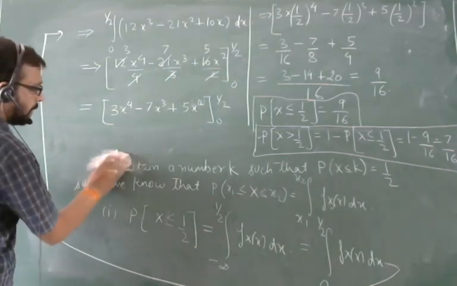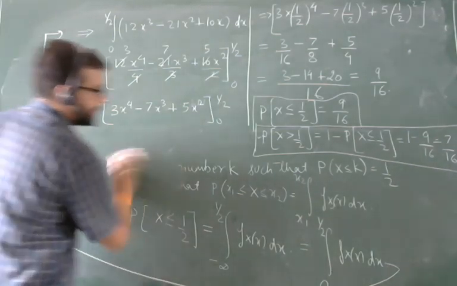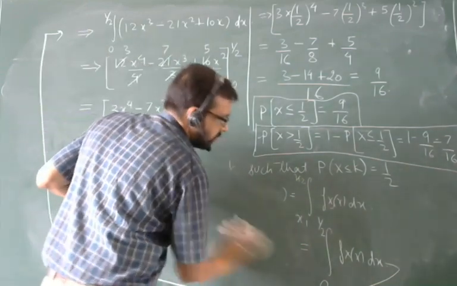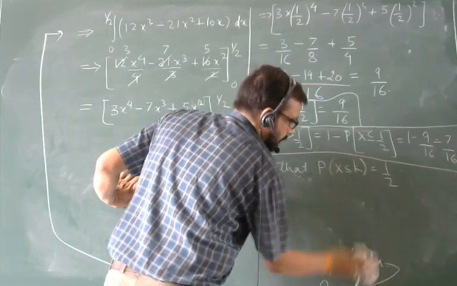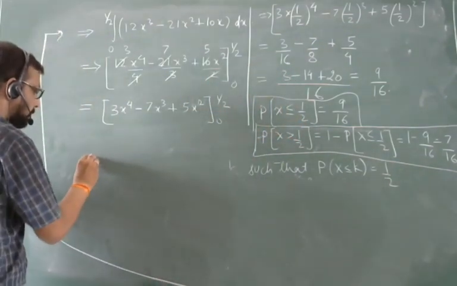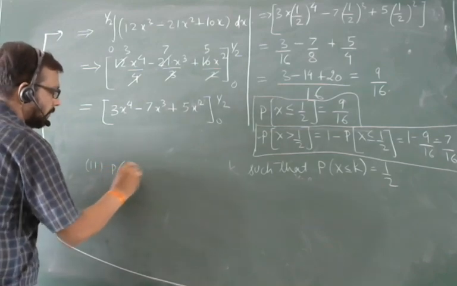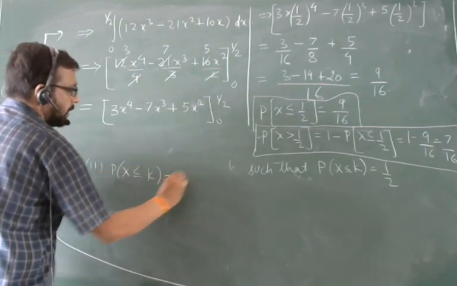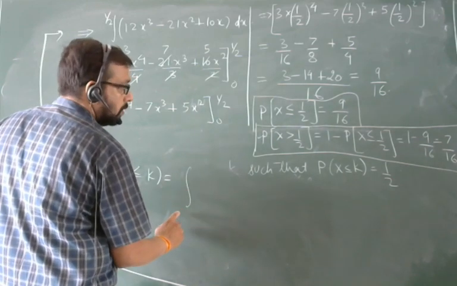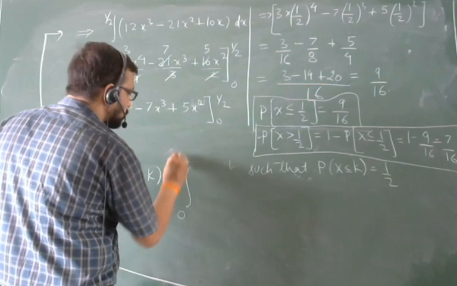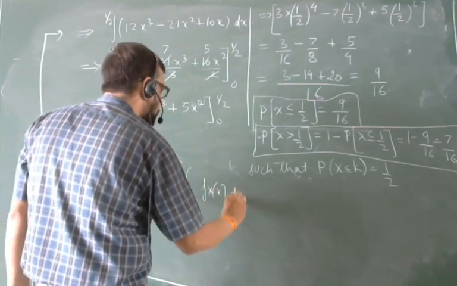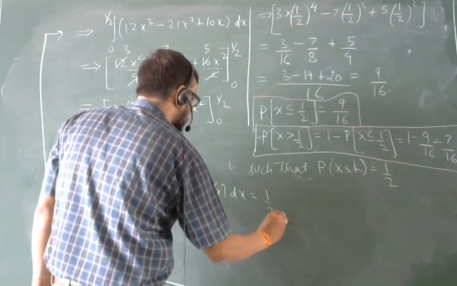Now for this part, the probability of x less than or equal to k is the integral from 0 to k of f(x), which equals 1 by 2.